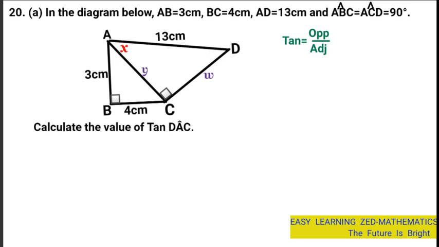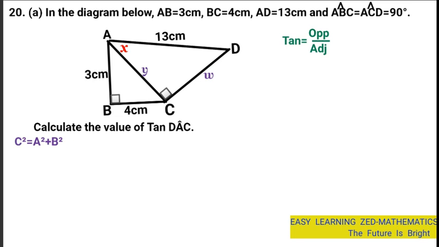What are we going to do to find the value of y? We're going to use the Pythagoras theorem formula. C squared is equal to a squared plus b squared. Then we put the values of a and b in the expression.